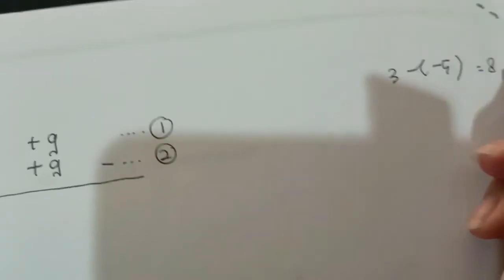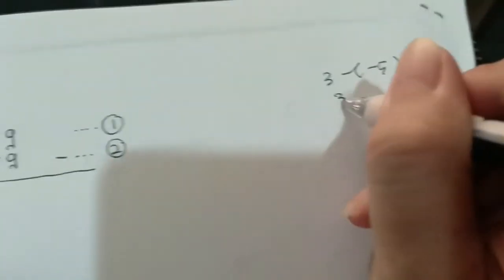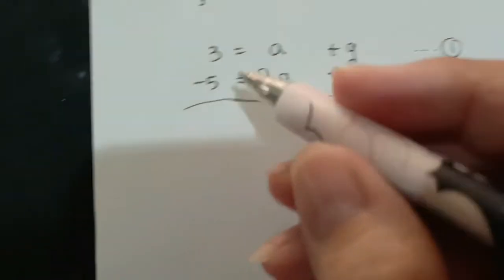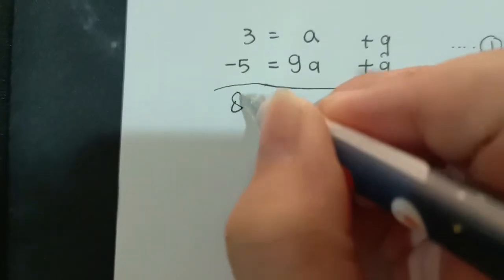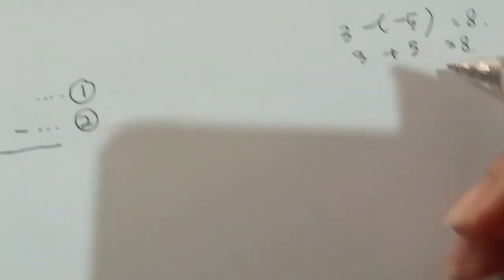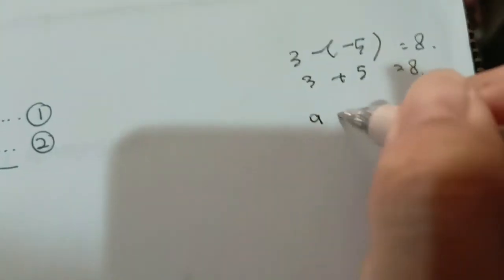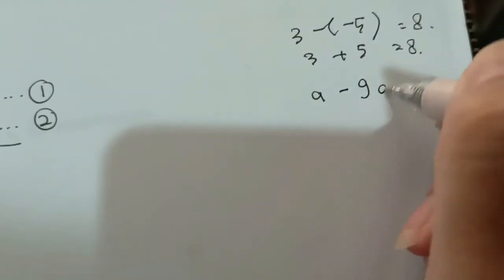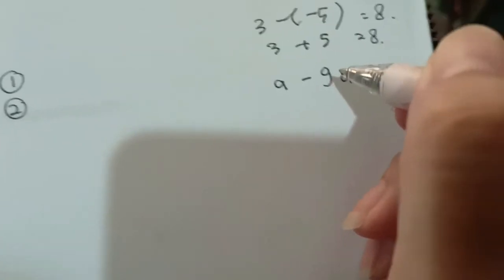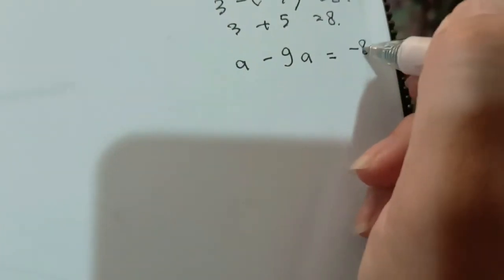It is −2, and the other side, a − 9a. So it is −8a.